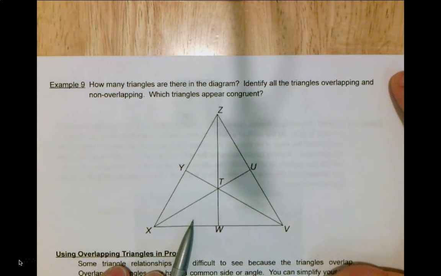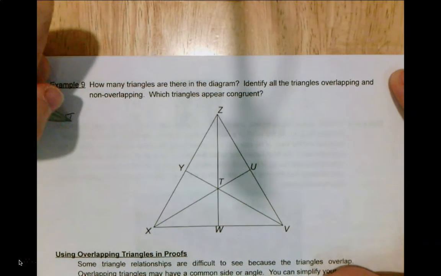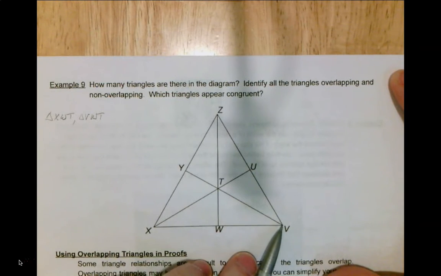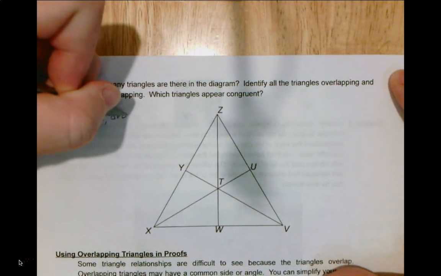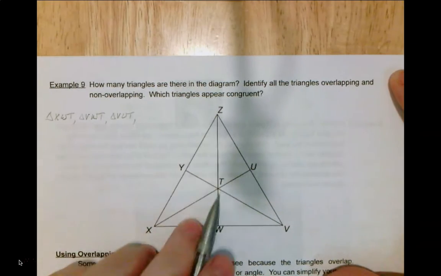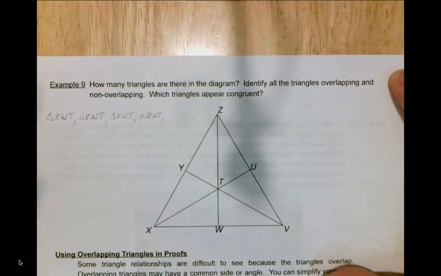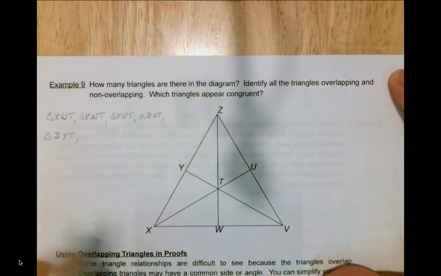So let's start with the smallest ones. So triangle XWT, VWT, VUT, ZUT, ZYT, and XYT.